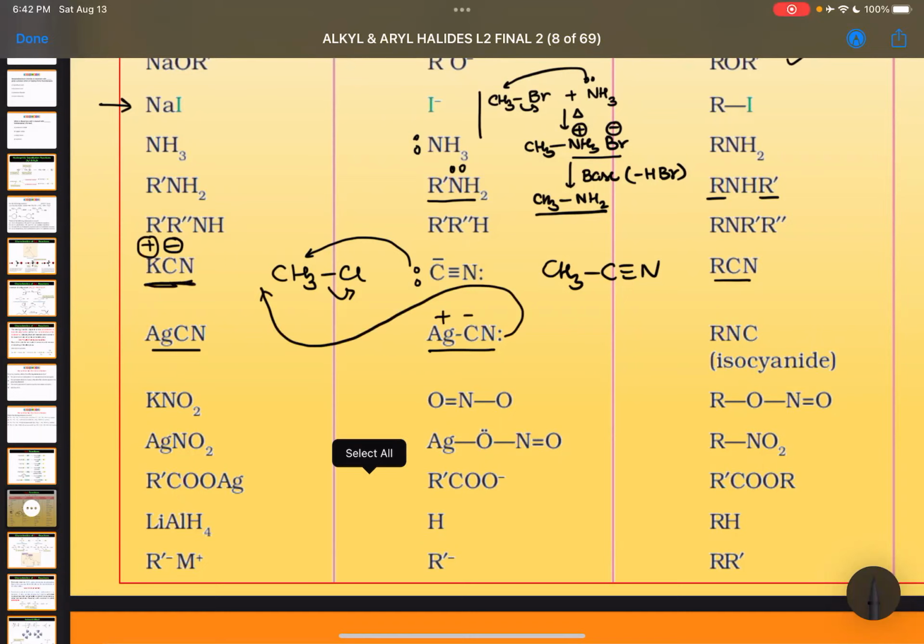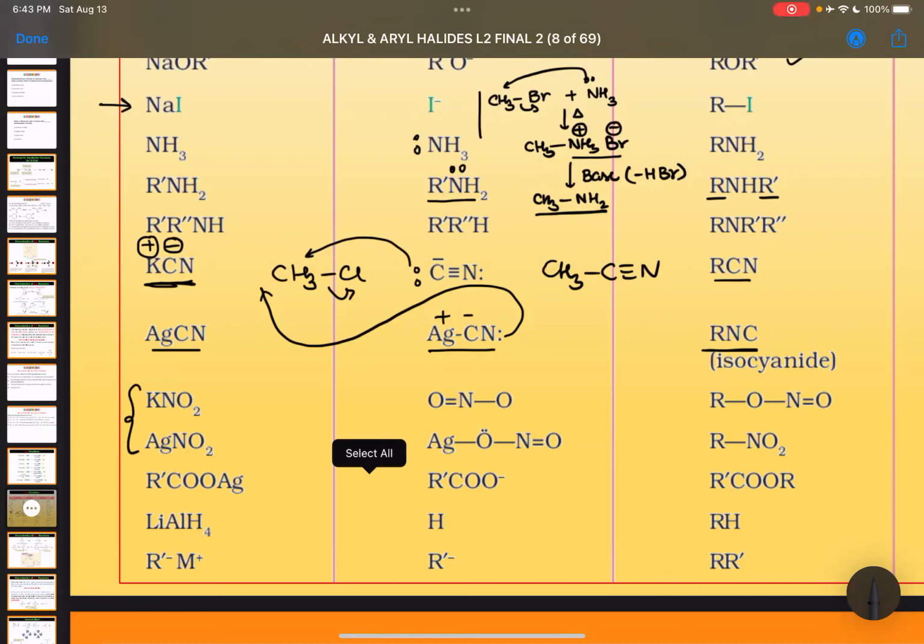KCN is an ionic compound, whereas in the case of silver, it has covalent character. So carbon and silver have some covalent bond between them. That's why the carbon is not able to attack. So who is going to attack? The nitrogen is going to attack, and the carbon-nitrogen bond is going to form. So you are going to end up with an isocyanide, right? And the same is the case with KNO2, potassium nitrite, and silver nitrite.